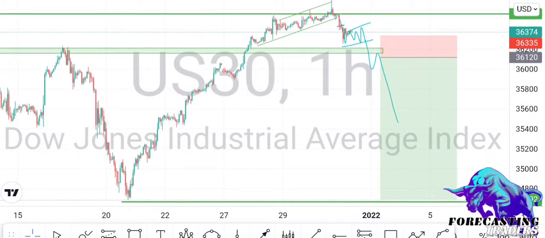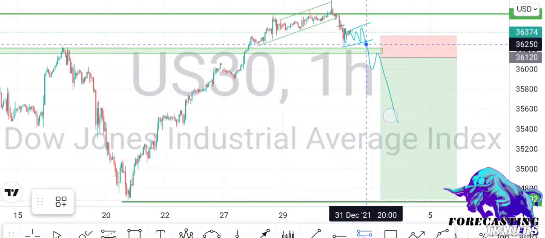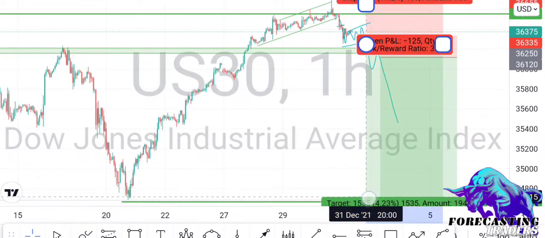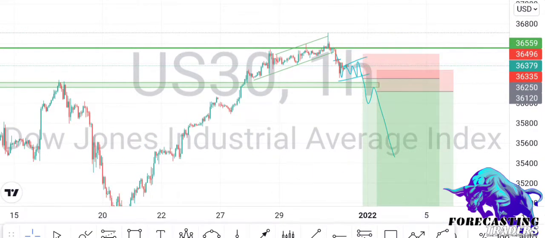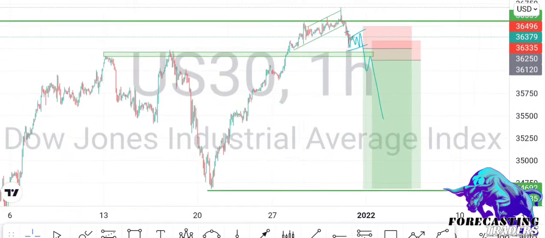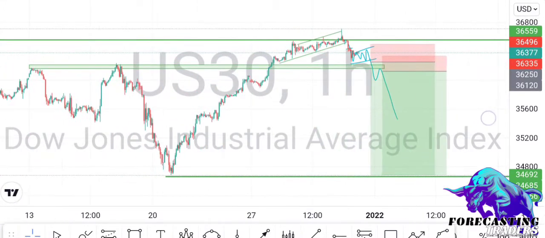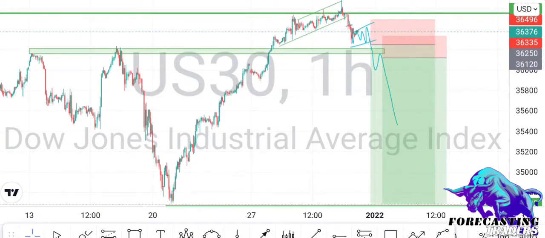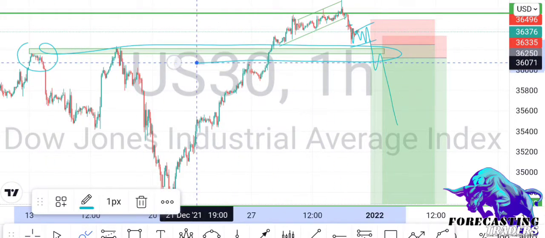We can also have this one as our entry after the break. Yes, having something like this. So what we have to do is wait for a correction or the break of this level, and retest.